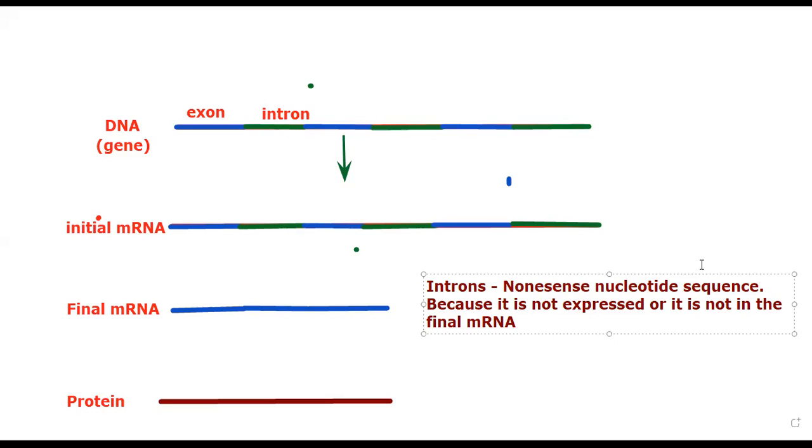Protein is synthesized using the nitrogen base sequence in the final mRNA. Is that clear? Yes, sir. The nitrogen base sequence in the final mRNA is the one that decides the amino acid sequence in the protein.